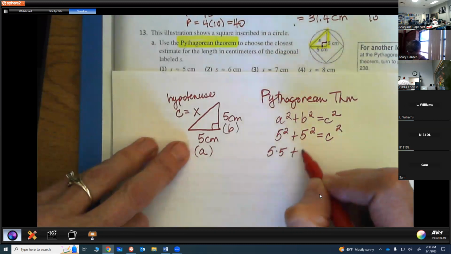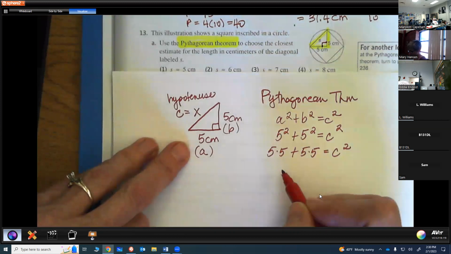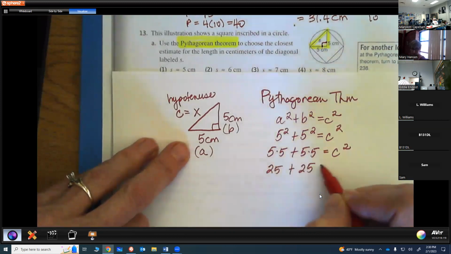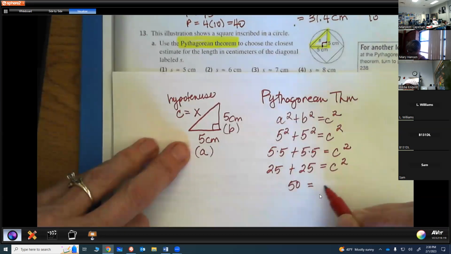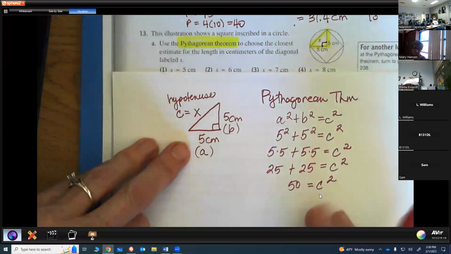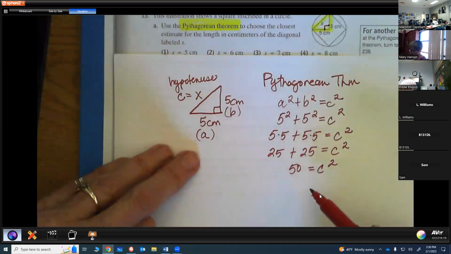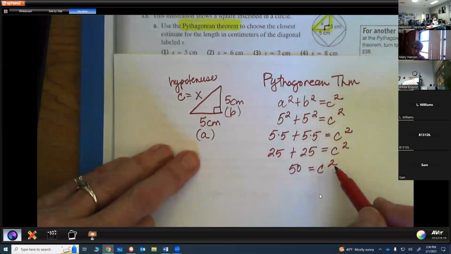It doesn't mean 5 times 2. And so this is 25 plus 25, which is 50. This says C times itself is 50.